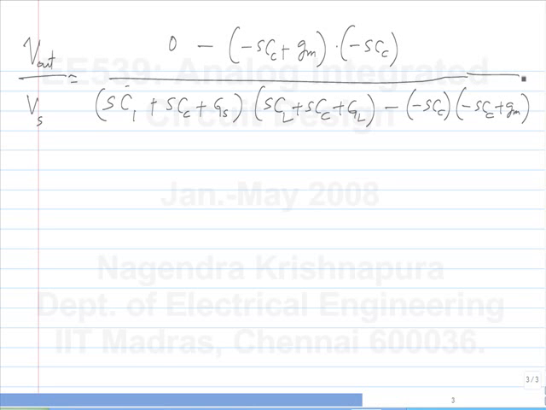Okay. Is this what we get? Huh? What cannot be minus sCc? Oh, okay. So what do we do about that? So you are complaining about this term. Numerator.